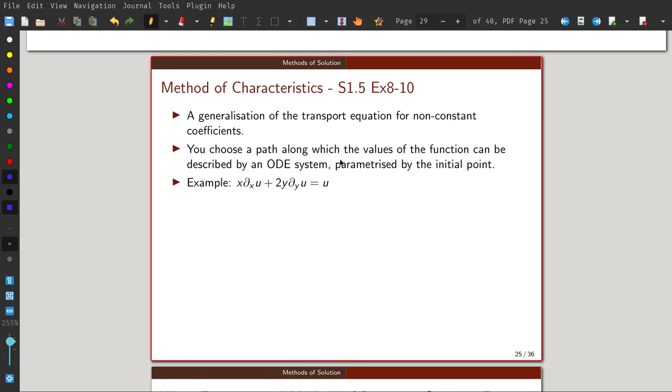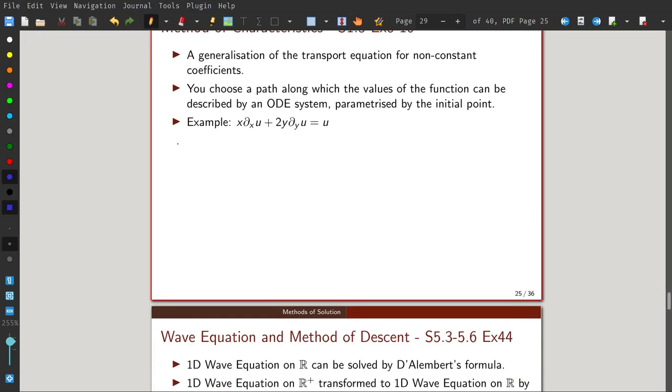Okay, so what we're going to do is we're going to do this example here. And the idea is that you choose an initial point, let's say x0, y0, and then you consider some path parameterized by s. So this will be x of s, y of s, and consider the function z of s, which is u when x is given by the point along the path and y is given by the point along the path.